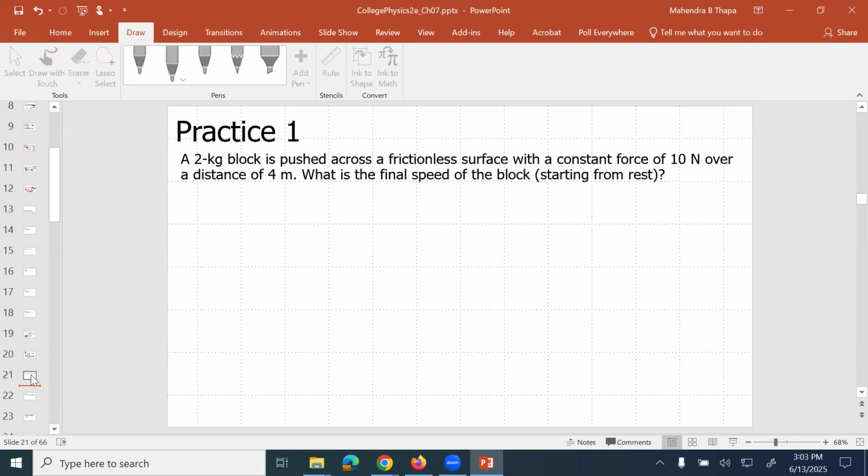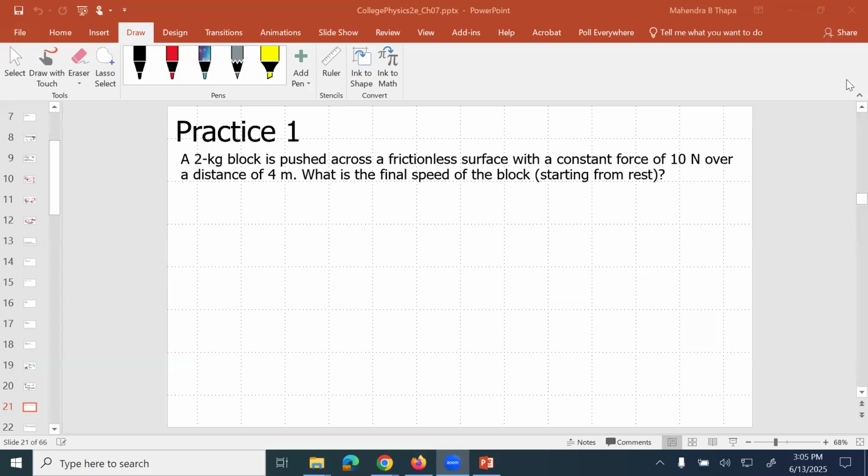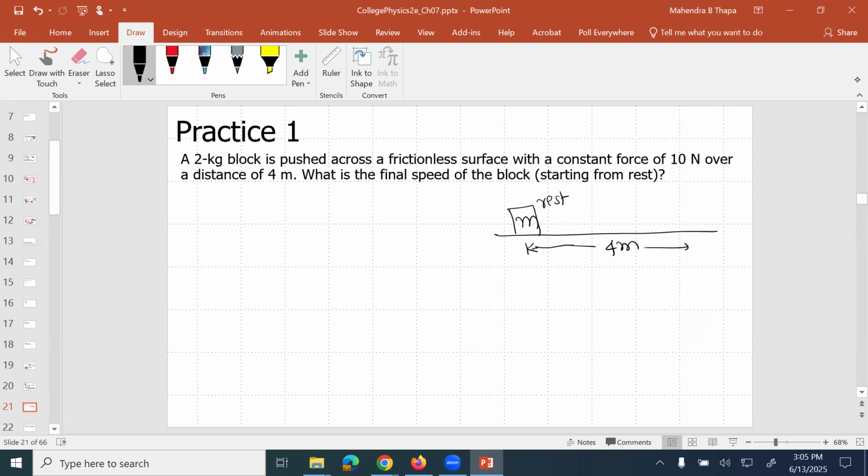We can do a very similar problem over here. Say we have a box here, mass m, and it is at rest. It covers a distance of 4 meters, starting from this point, because of the applied force, as we are pushing parallel to the surface.